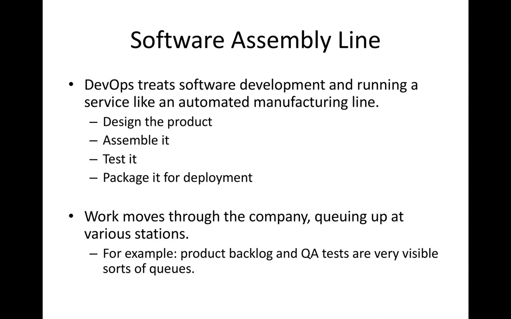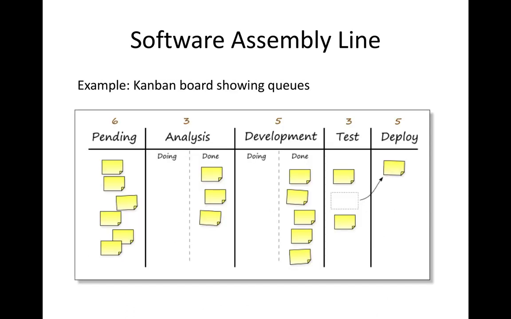And in a manufacturing plant, oftentimes they use a Kanban board to visually describe where work is located within the organization, and to track work as it progresses through the organization. The same thing is true in a software development organization.